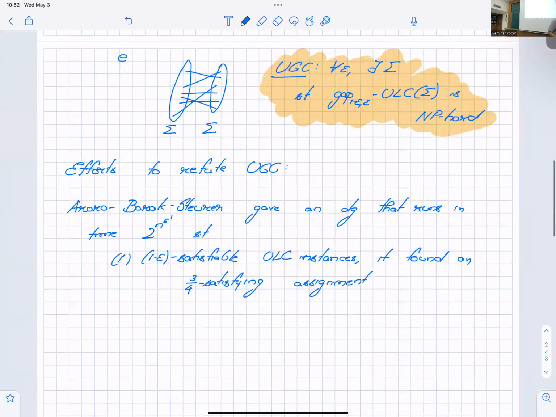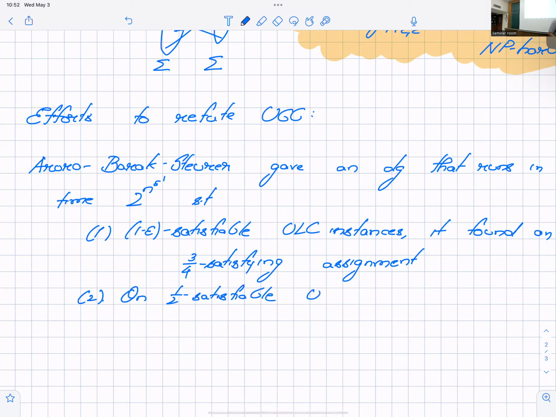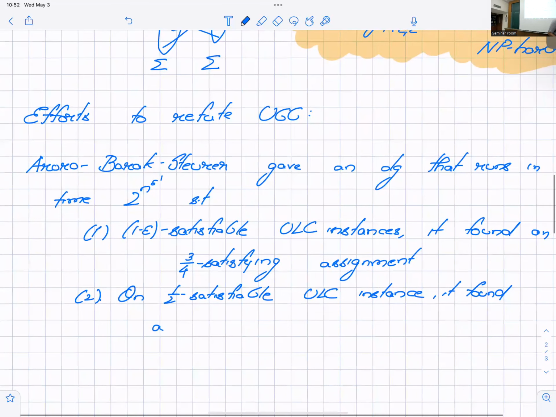That is, on half satisfiable instances, it found an epsilon satisfying assignment.